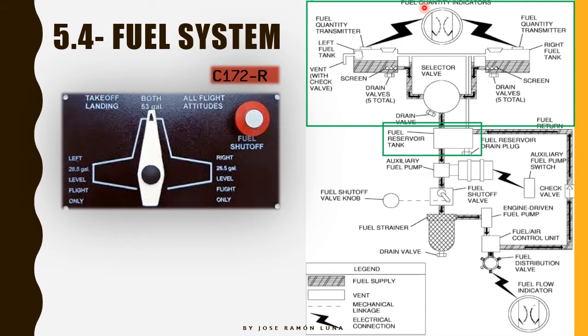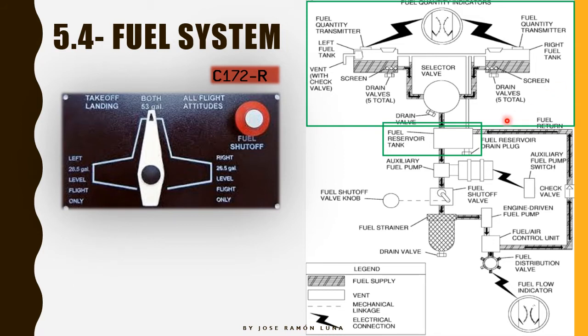After that, we have something that is new from this system, the fuel reservoir tank. All right, imagine you're doing maneuvers, steep turns, you're having some kind of turbulence, whatever. Your airplane is going to be shaking, right? So maybe this valve runs out of fuel for a second, and that can really damage the engine and damage the pumps.